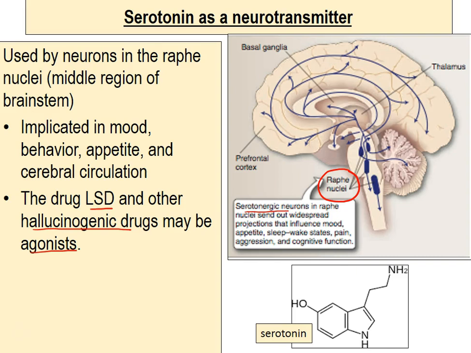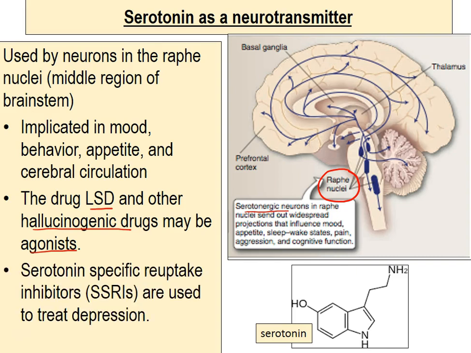And so some antidepressants make use of our knowledge of serotonin, which is that the longer it lingers in the synapse, the better a person feels. So there's a whole class of SSRIs, or serotonin-specific reuptake inhibitors, that are used to treat depression, such as Prozac, Paxil, and Zoloft, for example.